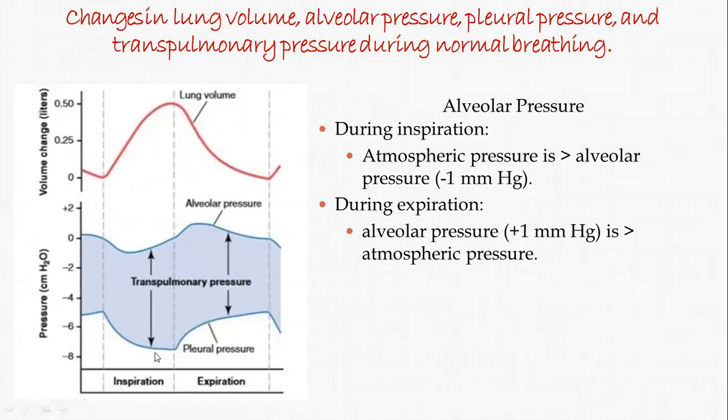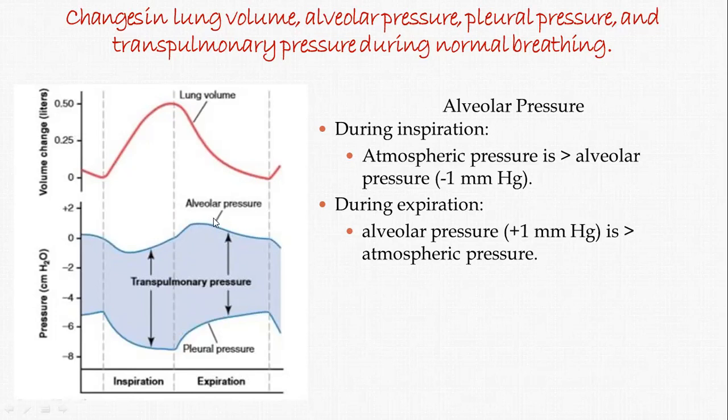This difference is known as the transpulmonary pressure. Due to this transpulmonary pressure, a negative pressure gradient is created, and air will be sucked inside, which increases the lung volumes.